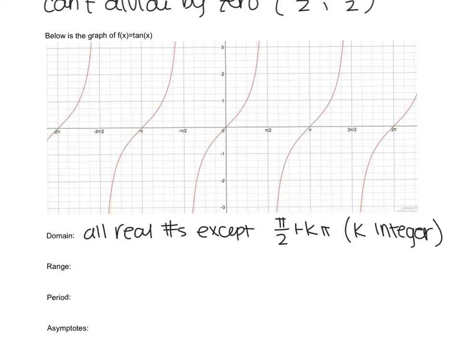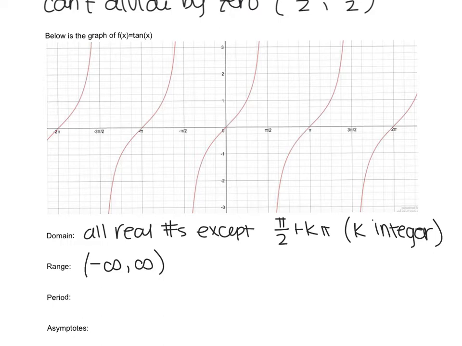If you look at the graph, every time we travel a distance of pi, the graph is stopped. Unlike our previous sine and cosine functions, where the range was strictly between -1 and 1, the range for a tangent function, as you can see from the graph, is all real numbers, so -infinity to infinity. There is no restriction on the range for tangent.